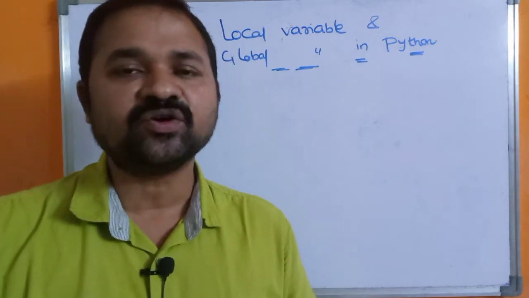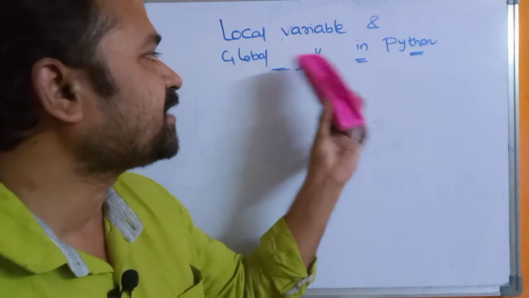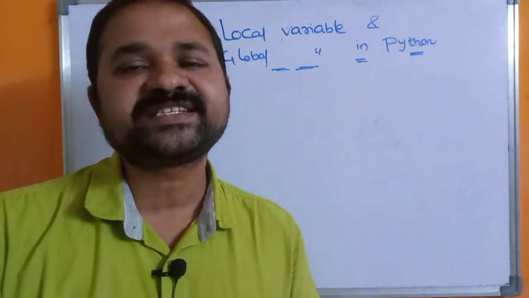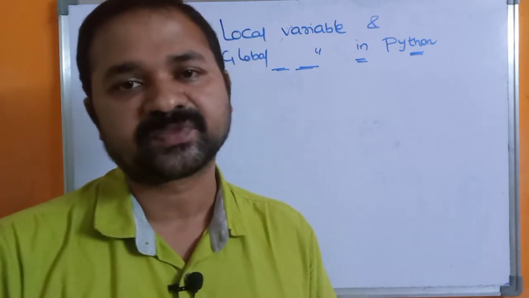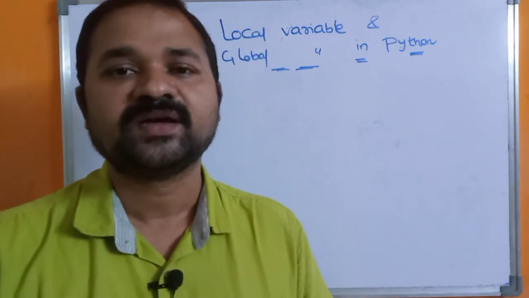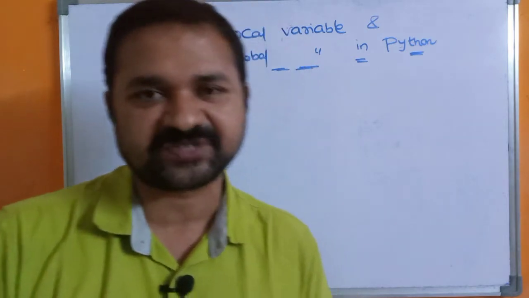In this video, we are going to discuss local variables and global variables in Python programming. First, let's see what a local variable is. The variables which are declared inside a function are called local variables.